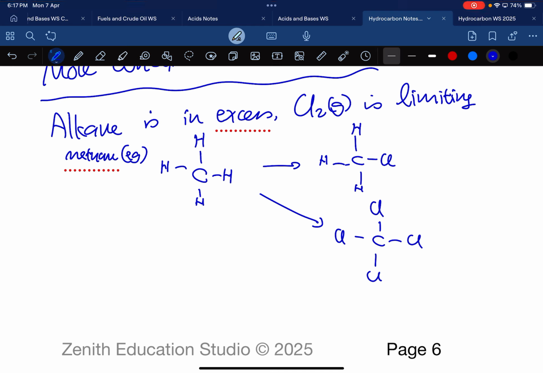Correct or not? Are we following so far? I can either mono-substitute or completely substitute. Tell me right now, maybe this is something your school didn't go through yet, use your intuition: which do you think is the predominant product, mono or multiple substitution? Multiple substitution?